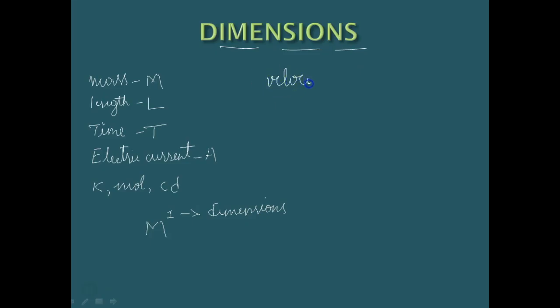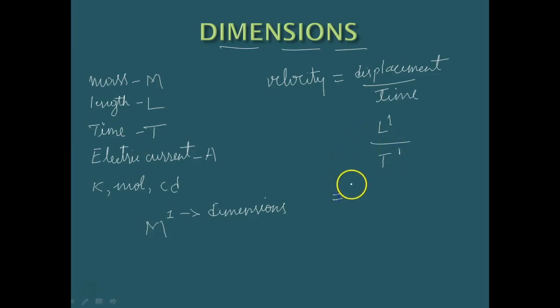If I want to express the dimensional formula for velocity, then we should write the base quantities, that is displacement by time, isn't it? Velocity is displacement by time, and this displacement is nothing but L to the power 1, and for time the symbol is T to the power 1.